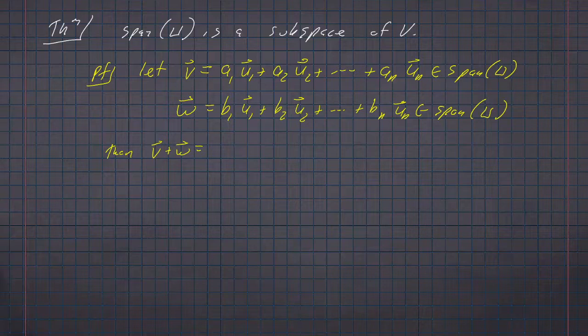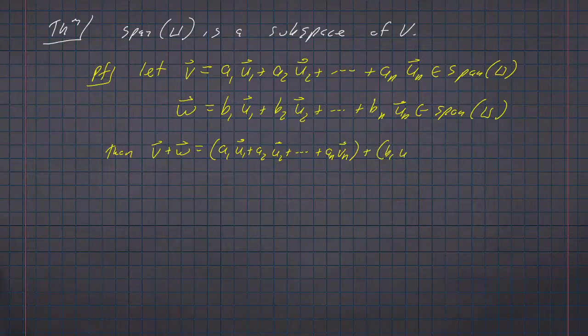And if I want to add these together, well, I will get a1u1 through to an plus b1u1 through to bnun.